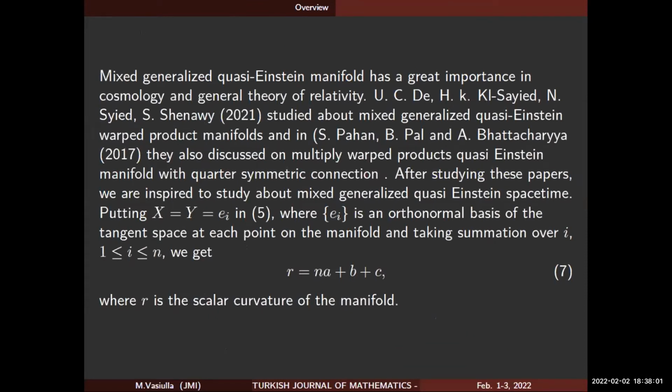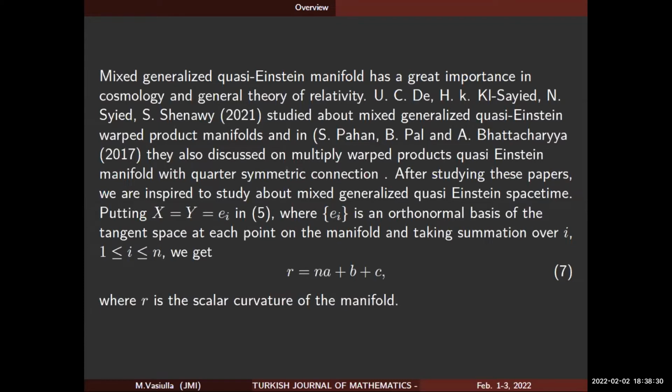Quasi-Einstein manifold has importance in cosmology and the general theory of relativity. Yusuf, De, H. K. and others in 2021 studied mixed generalized quasi-Einstein warped product manifold, and they also discussed multiply warped product quasi-Einstein manifold with quarter-symmetric connection.